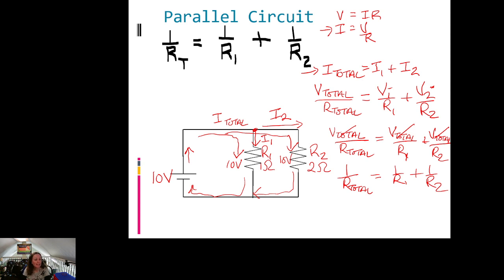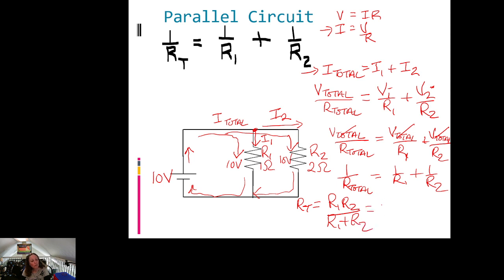Okay? In this case, you add them up as sort of a fraction format. Okay? So what you end up doing, when we rearrange this, you actually get a nice little formula. If we do a whole bunch of rearranging, R total would equal R1 times R2 all over R1 plus R2, if we did all the math to do with that.